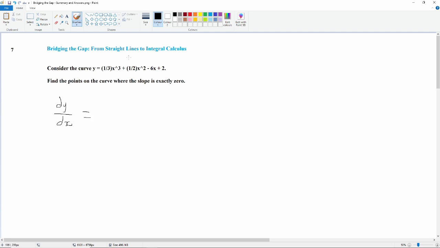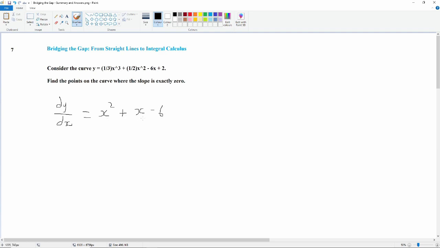So dy by dx is equal to, okay, 3 times 1/3 is 3 over 3, which is 1. So that's just x, and the 3 becomes a 2, so that's x squared, plus 1/2 times x squared, well, 2 times 1/2 is just 1, so that's just x. And then minus 6x just becomes minus 6.